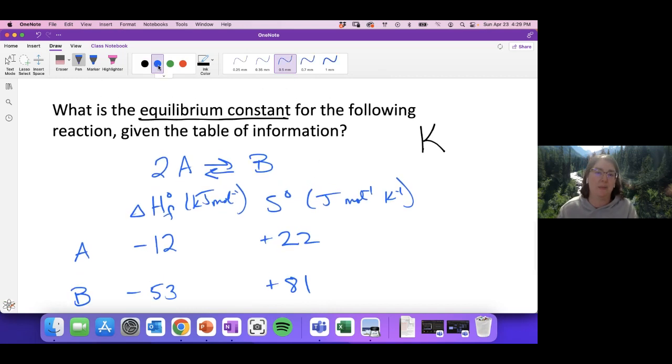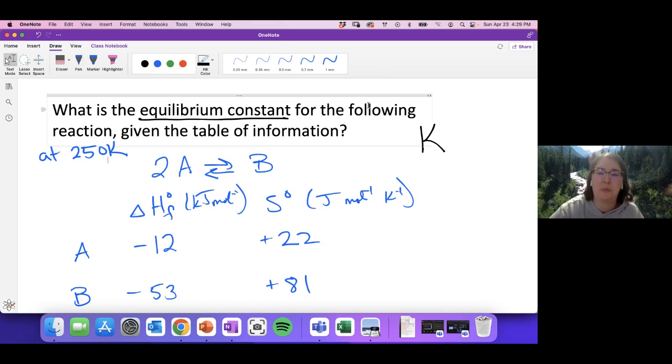Oh, let's add a different temperature for kicks and giggles so I can show you one more thing. At 250 Kelvin. Yeah, 250 Kelvin, not 298, 250 Kelvin. So we're gonna pretend that was part of the question the whole time. At 250 Kelvin.